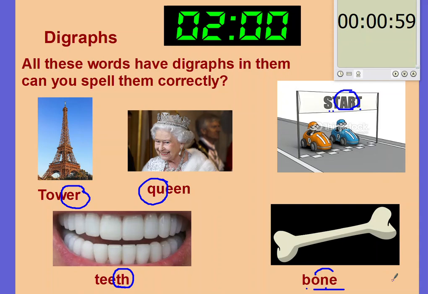So 5 words, one with ow, one with qu, one with ar, one with th, and one with o-e. You've got 1 minute. Off you go.